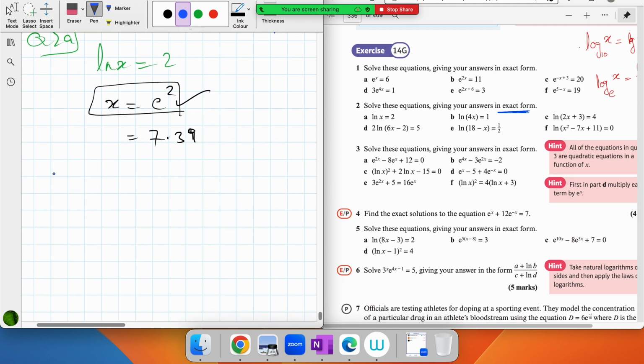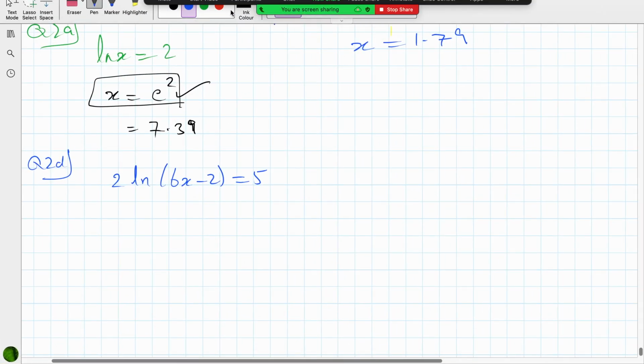Question 2d says 2 ln (6x minus 2) is equal to 5. Now we are solving for x. So 2 goes there. ln (6x minus 2) is equal to 5 by 2.